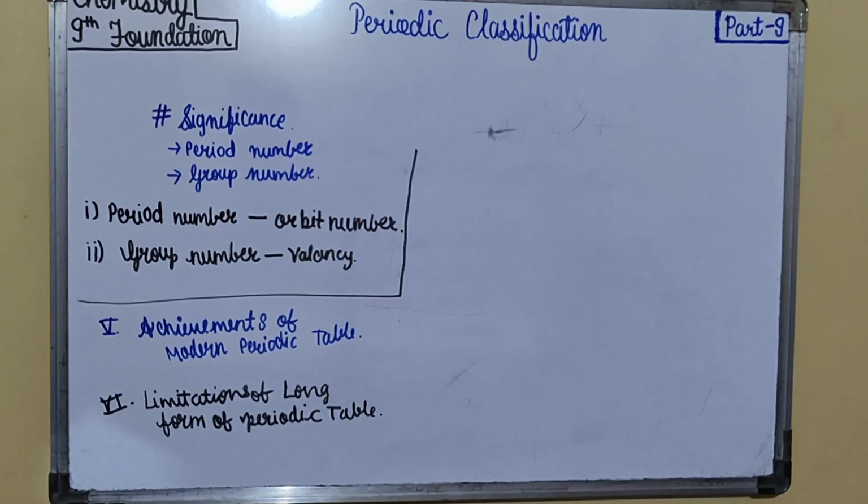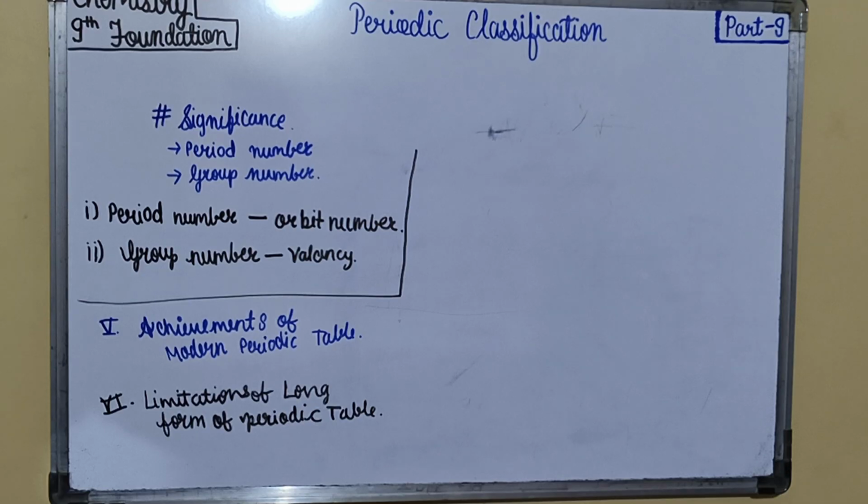Although the long form of periodic table gives an almost perfect arrangement of the elements, it suffers from the following drawbacks. First, position of hydrogen is not resolved. Second, position of helium is not justified. Third, it fails to accommodate lanthanides and actinides in the main body of the table. Fourth, the arrangement is unable to reflect electronic configuration of many elements in transition group, lanthanides and actinides.